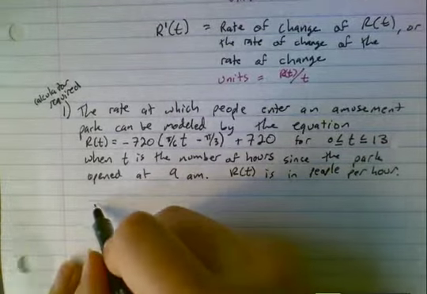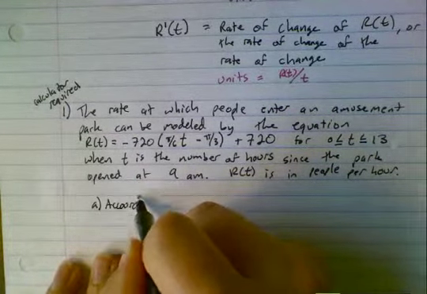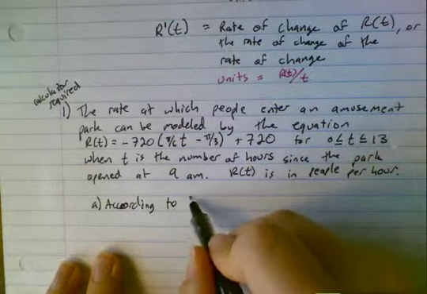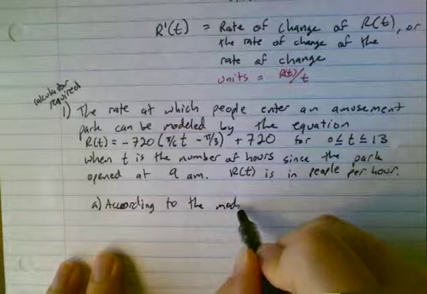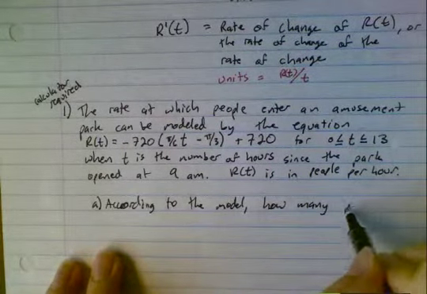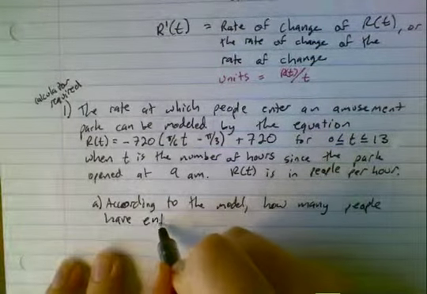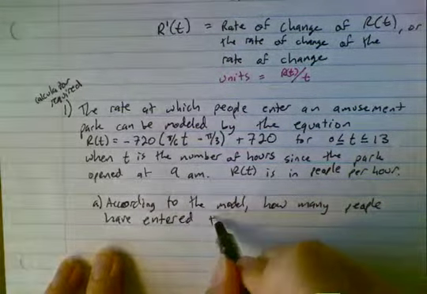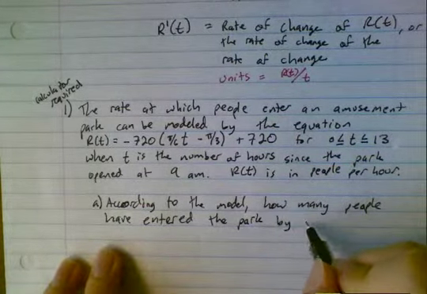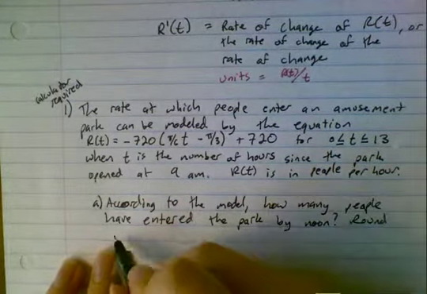Okay, here's our first problem. According to the model, how many people have entered the park by noon? Round to the nearest person.